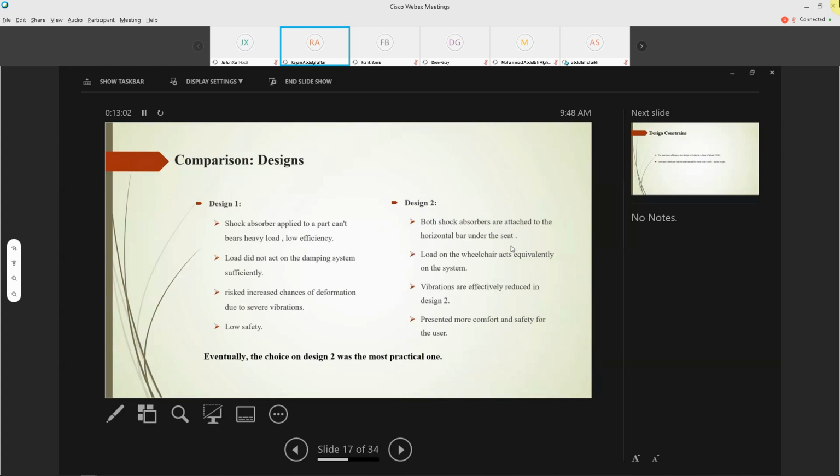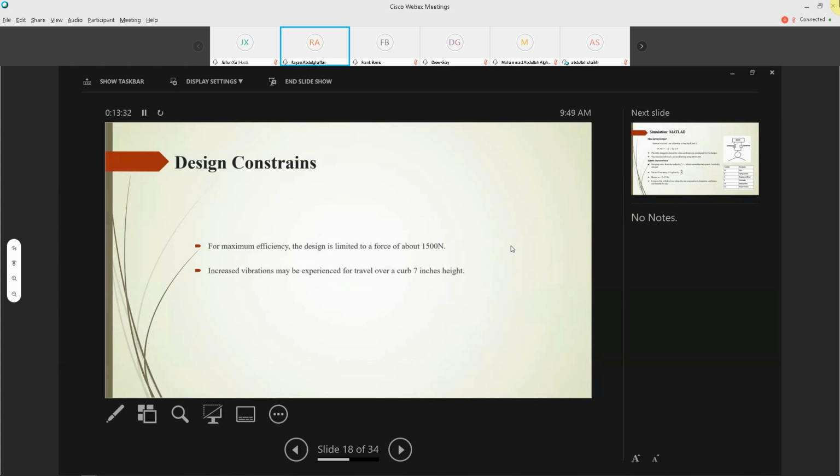For design two, both shock absorbers are attached to the horizontal bar to make sure it is stable, and the load on the wheelchair acts equally on the system. The vibration is also lower than in design one. It's more comfortable and safer. So obviously, design two was the preferred choice.